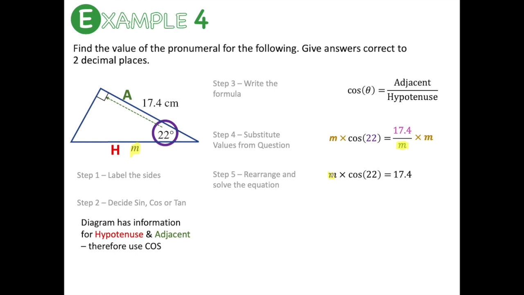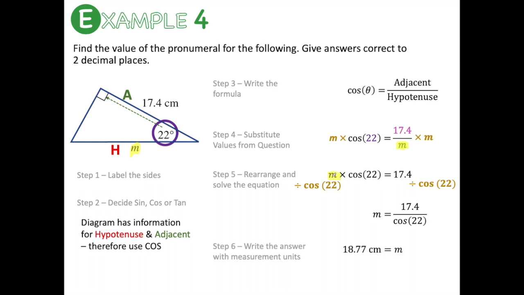Since I still don't have M by itself yet, I need to divide both sides by cos 22. So M is going to equal 17.4 divided by cos 22. That's what I can put into my calculator to get my final answer. So M is going to equal 18.77 centimeters.